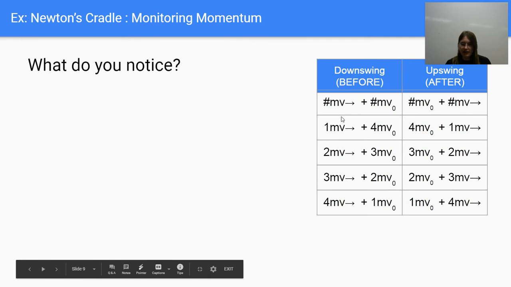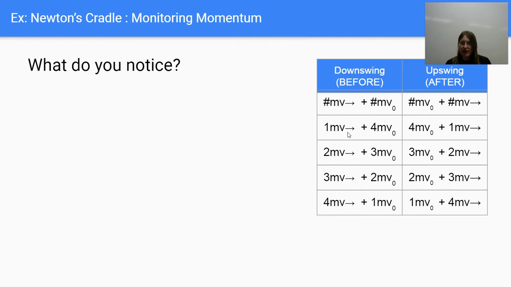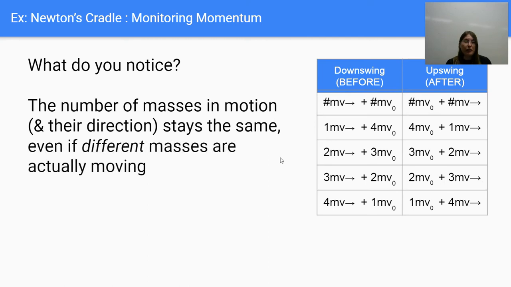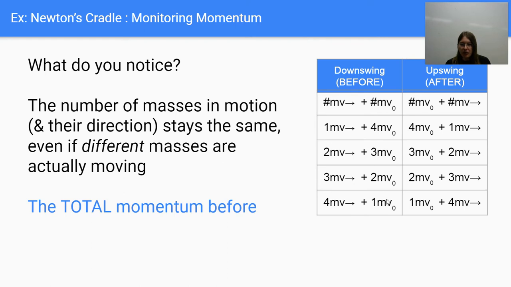What pattern is this? Before and after, we have the same number moving and the same number still, right? The number of masses in motion and the direction they're moving stays the same. But different masses might be in motion, but the same number are in motion. Okay, so what we're looking at is the total momentum before. The total expressions here before, this literally is representing the momentum of both the moving and non-moving pieces before, and that's exactly the same as the moving and non-moving pieces after.